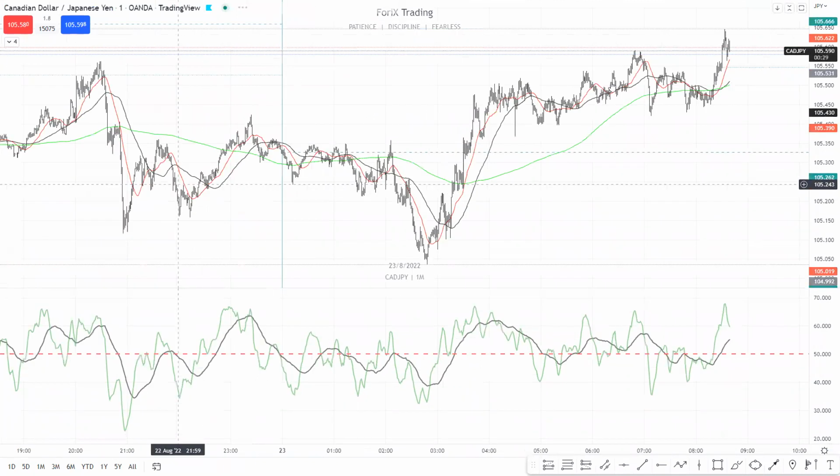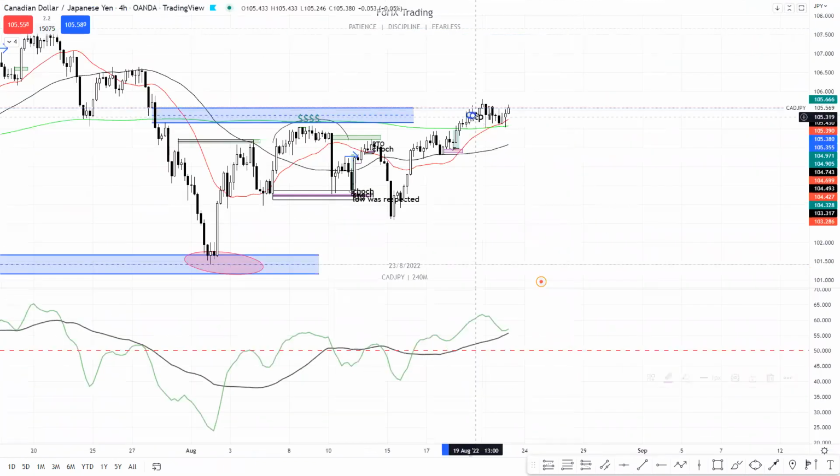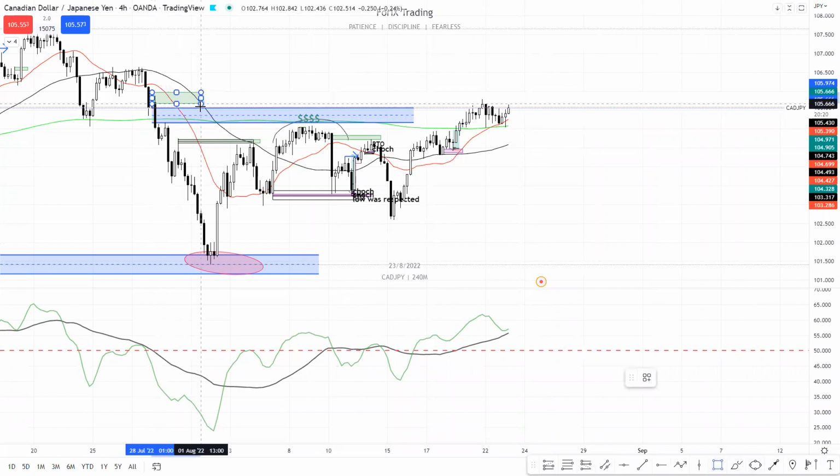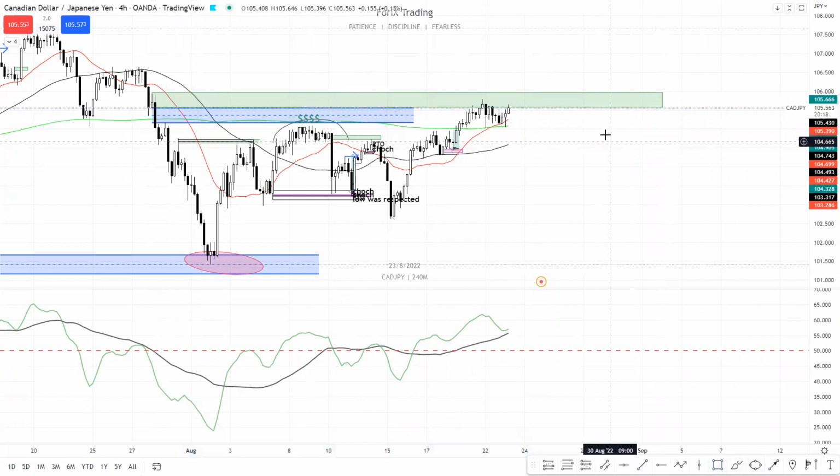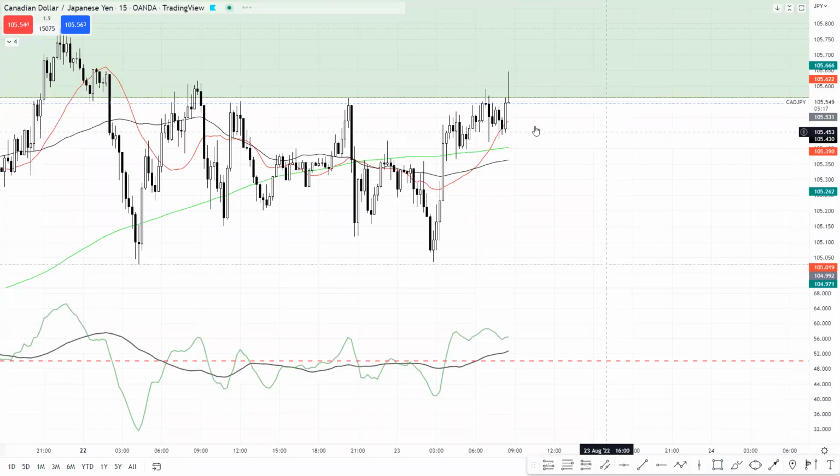I like CAD JPY a lot more. Can close this. CAD JPY coming into our level of supply. So I'm bullish on CAD JPY.